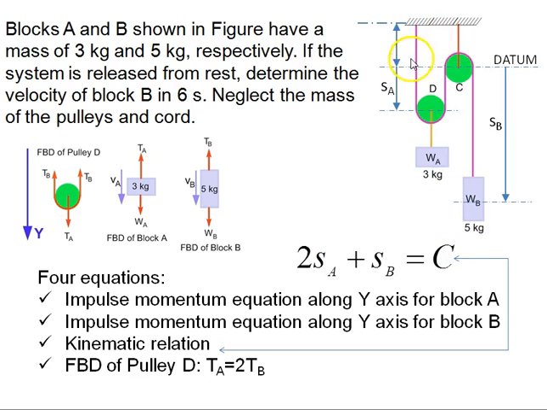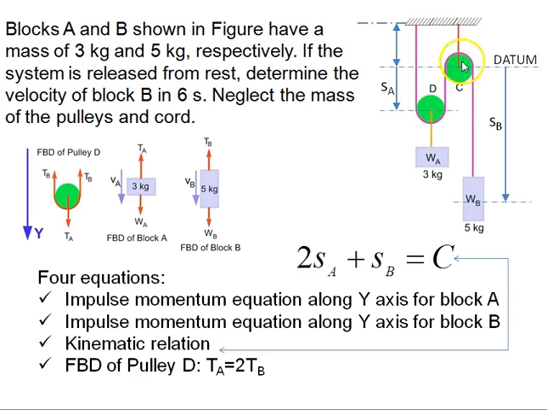All through the movement in the system, the length of this rope going from the ceiling, going round pulley D, going round pulley C and connected to block B, remains constant because it's a rigid body. Rigid bodies do not deform or change their dimensions. Now the length of the cord in the wrap here is constant, the length of the cord in the wrap here is constant.